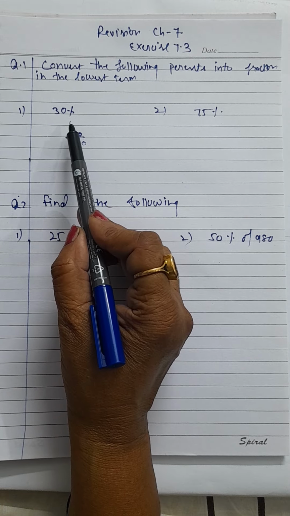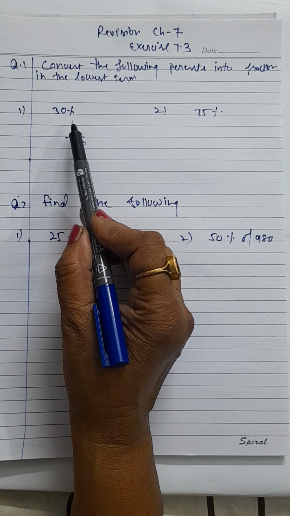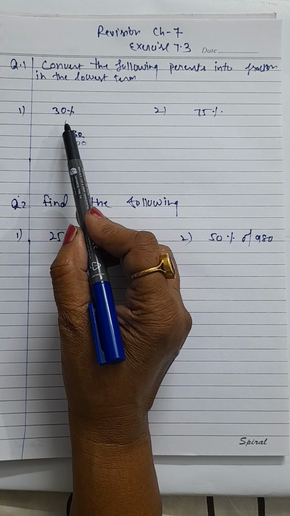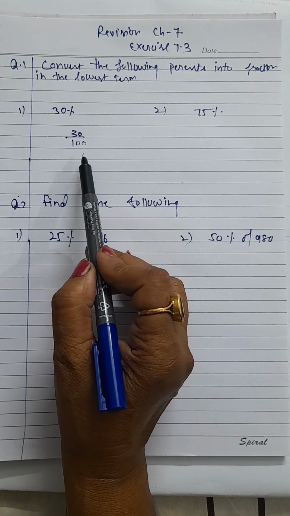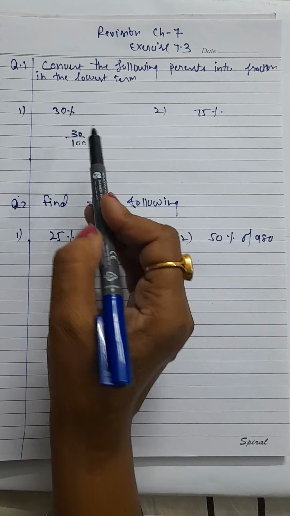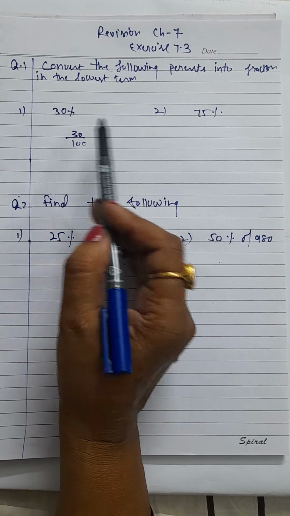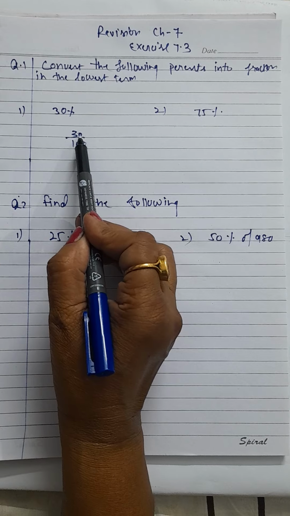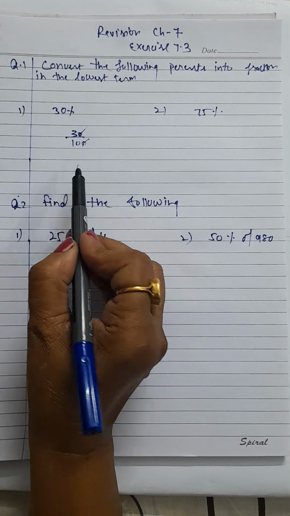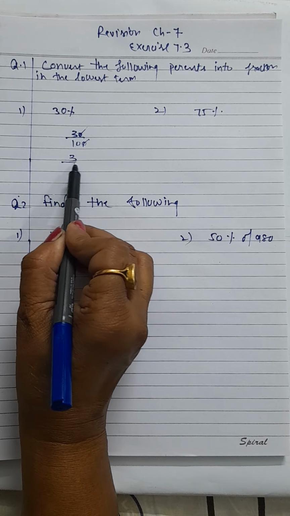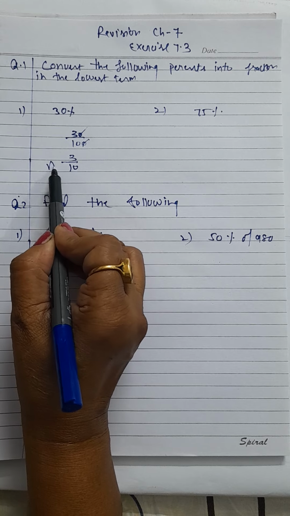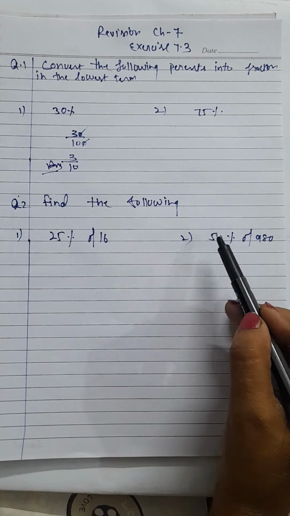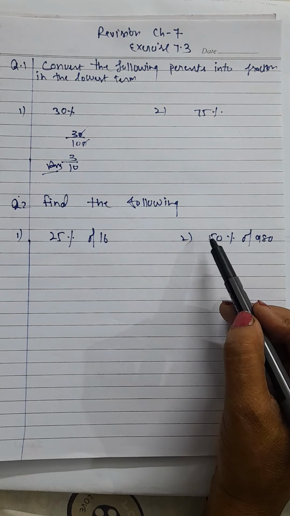What is percent? A fraction with denominator 100. Now, to write it in lowest terms, we can cut 10 by 10. Now we have 3 by 10, and 3 by 10 is the lowest form of 30%.